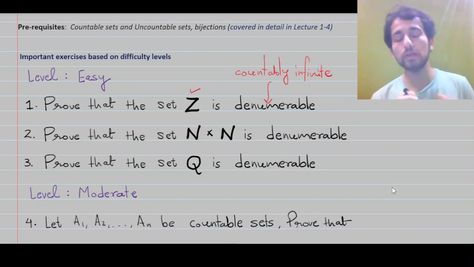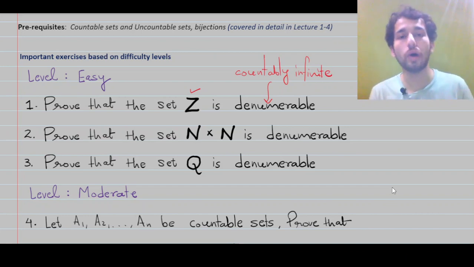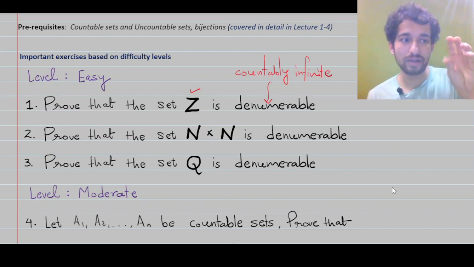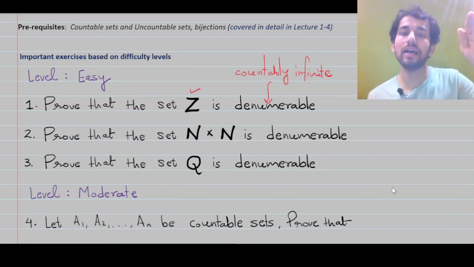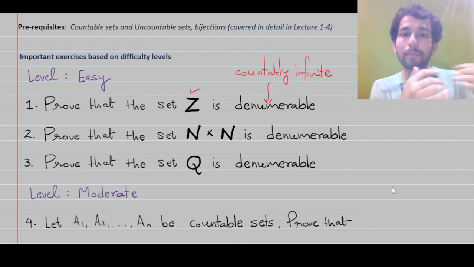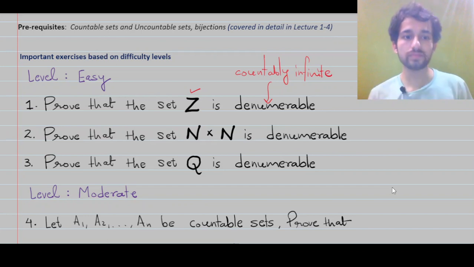You consider all the elements of the set of integers and separate them into two parts: on one part all the even integers, and on the other part all the odd integers. Then try to find a rule which maps some natural numbers to the even integers and some natural numbers to the odd integers in such a way that this mapping is one-one and onto. Then you will be able to prove it.